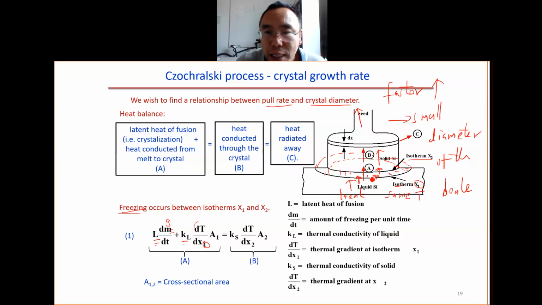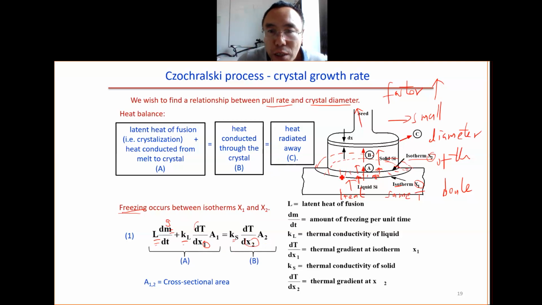This is the heat getting into here. This should be equal to the heat conducted out, so Ks, the thermal conductivity of the solid material, times the temperature gradient at X2, times the area A2. So this is the equation. This is the balance of the heat.